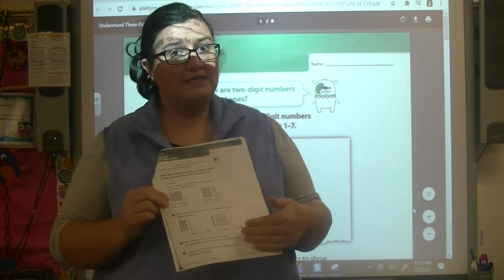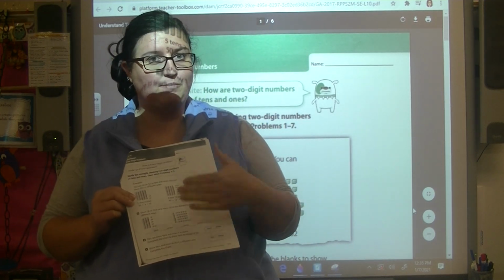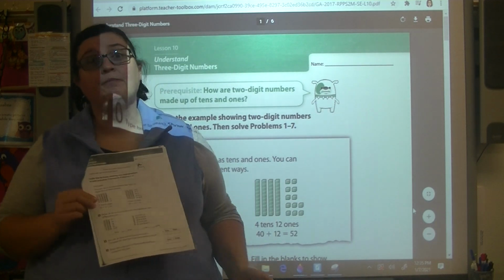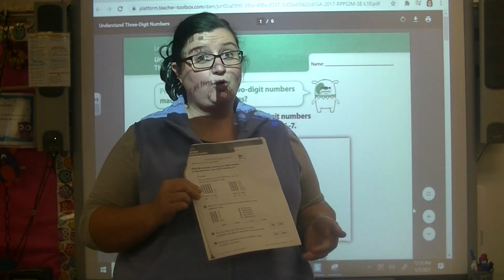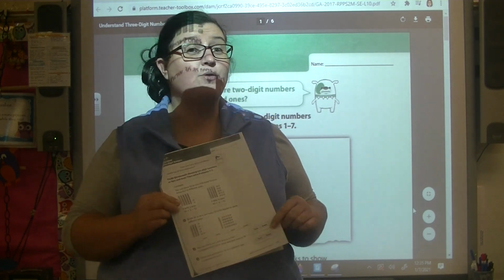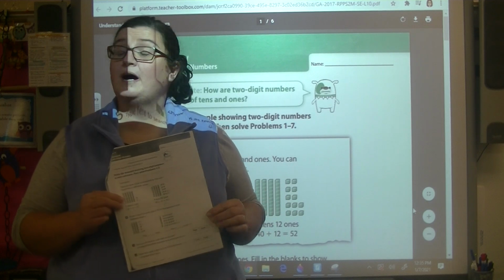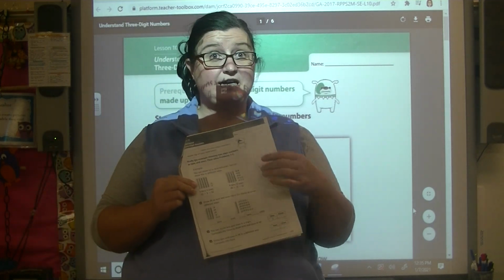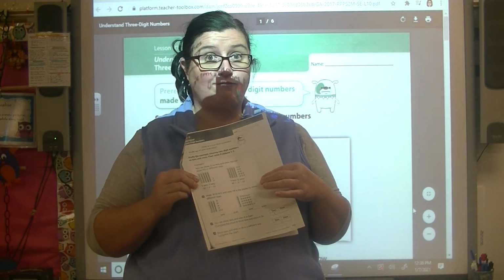Now, you can skip this part for right now because it's not actually part of the place value standard. It will help you when we start regrouping with 2-digit subtraction. So if you think you're ready for it and you and your parents want to try it, that's fine, but you can skip the part about where it says to make that place value a different way.